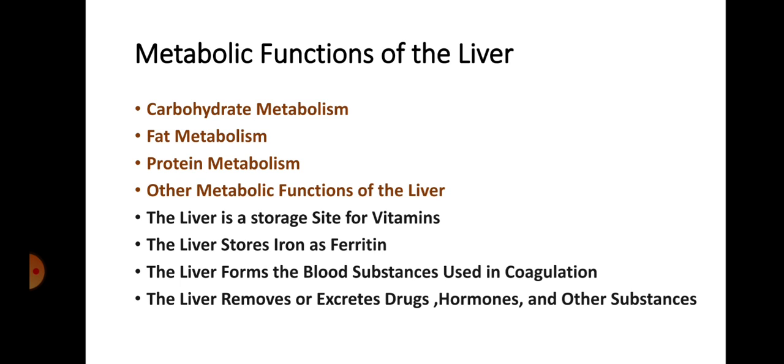Another function is that the liver stores iron as ferritin, except for the iron in the hemoglobin of the blood. By far the greatest proportion of iron in the body is stored in the liver in the form of ferritin.